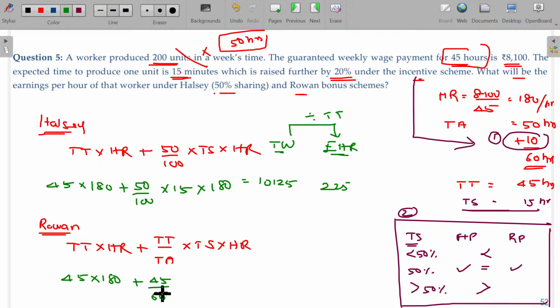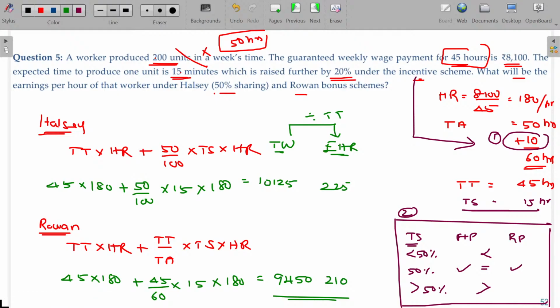In case of Rowan, 45 into hourly rate 180, plus time taken being 45 divided by total time allowed being 60, into time saved being only 15, into hourly rate being 180. Then total wages in this case being 9,450 and effective hourly rate, divide this by time taken, is 210.